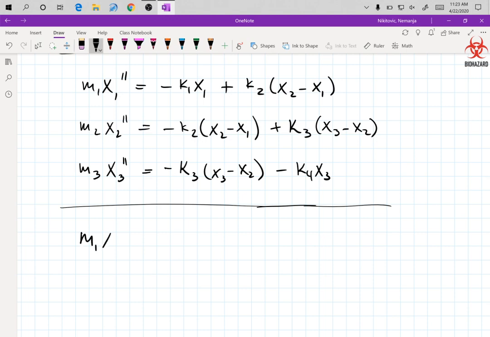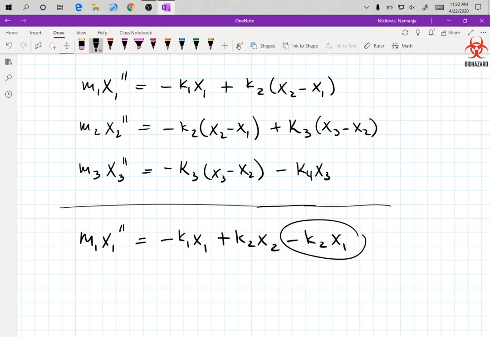So mass 1 x1 double prime is equal to, now we have negative k1 x1 plus k2 x2 minus k2 x1. See, this term and this term are like terms because they both have x1. So negative k1 minus k2 would be the coefficient for that.